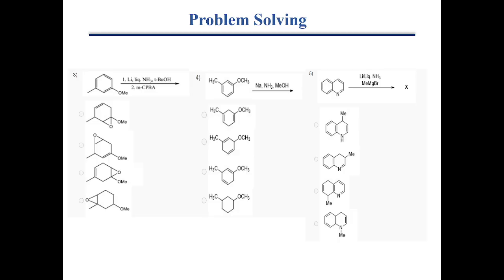Now the next question is lithium, liquid ammonia, tert-butanol first and then mCPBA. As OMe is an electron donating group, the single electron transfer reaction happens through the ortho position. So there are two possibilities.